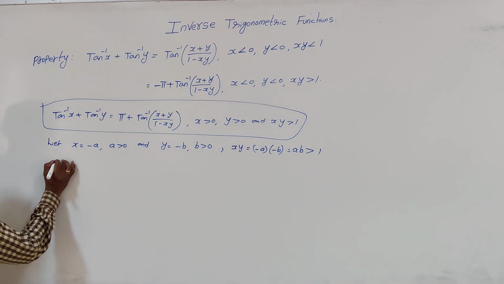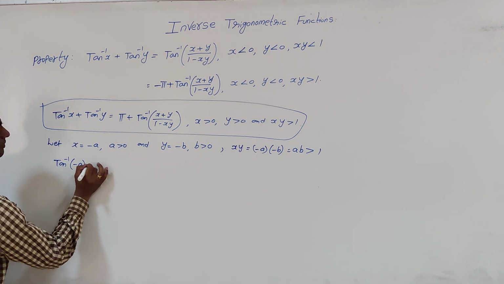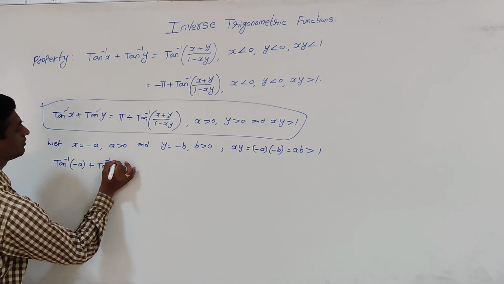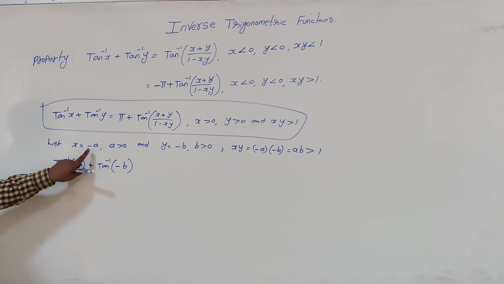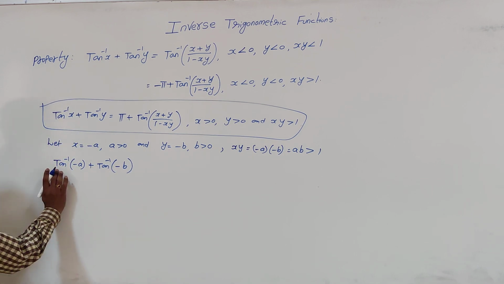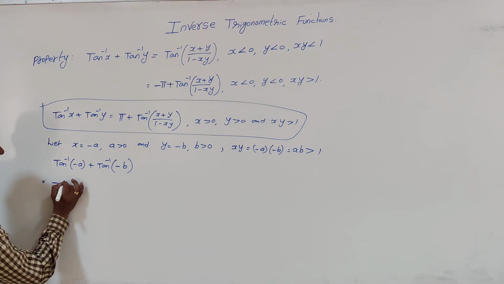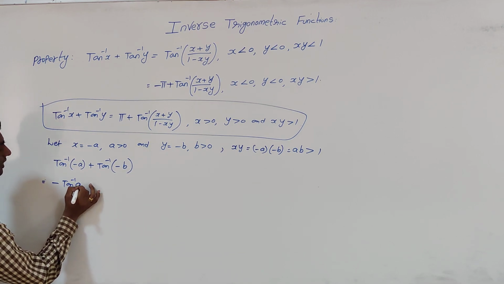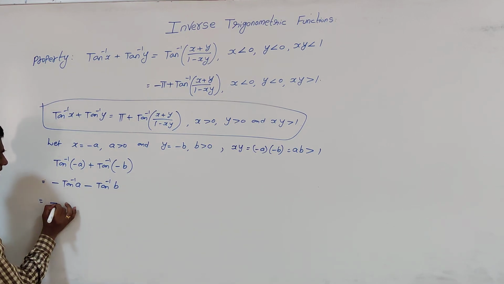Now, tan inverse of minus a plus tan inverse of minus b, because x is minus a and y is minus b. Let us take the LHS. Now, it is in the form of tan inverse of minus x, so we can write it as minus tan inverse of a minus tan inverse of b.